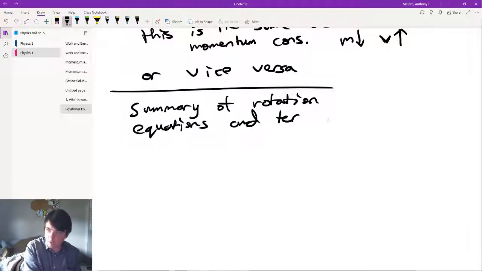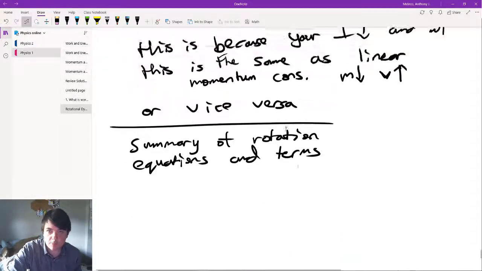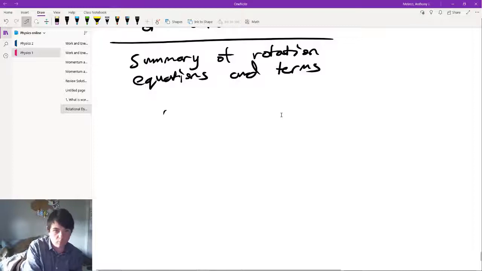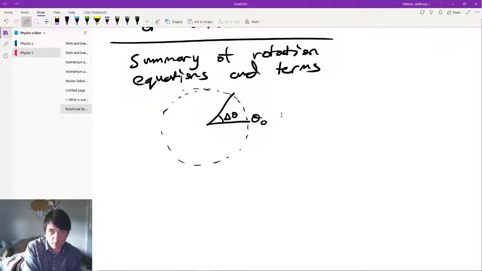I know there's a lot here, okay? So I want to make sure, if you remember nothing else from this lecture, remember that it's basically the same thing as linear. You're just swapping up the terms. Okay, remember radians and all of that.